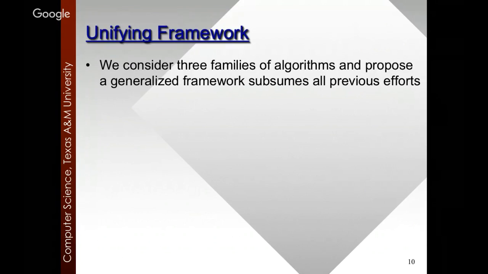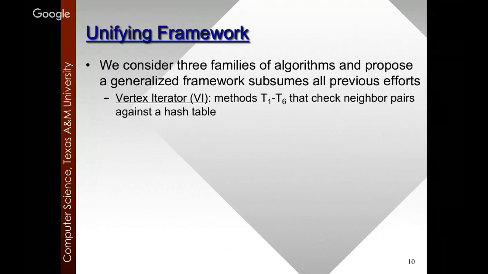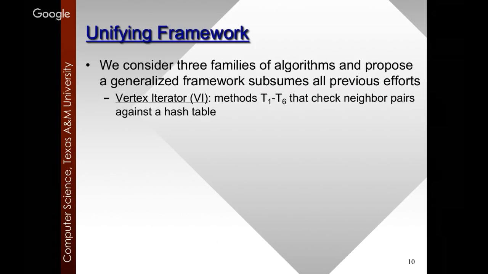So I'm going to first start with our unified framework, which we proposed and which generalizes and subsumes all previous methods. In total 18, which can be classified into 3 categories. The first is called vertex iterator, which will check the neighbor pairs of each node against the hash table over the whole graph.